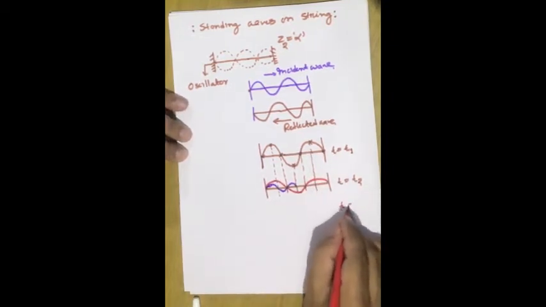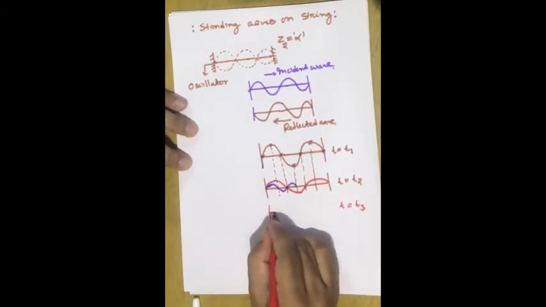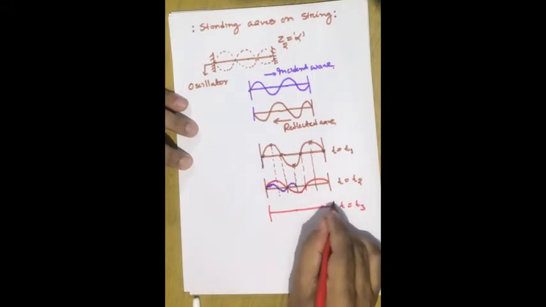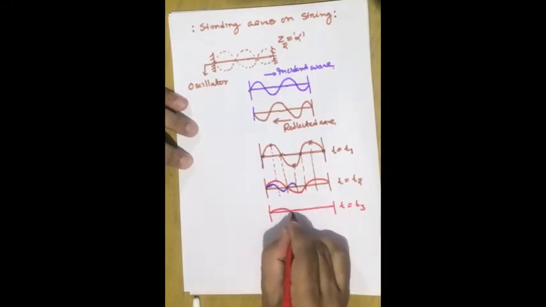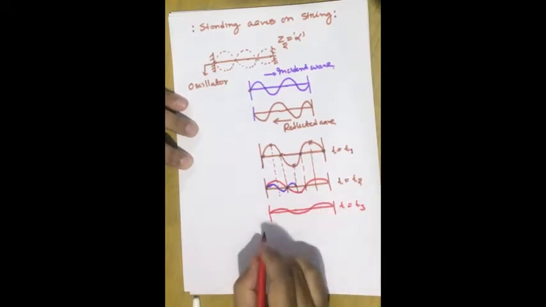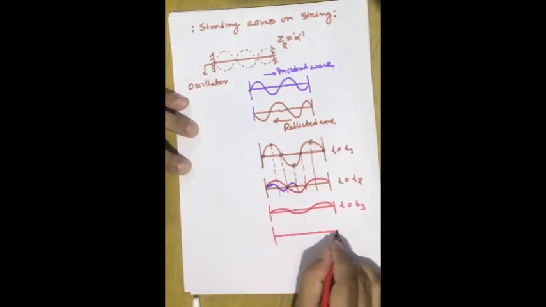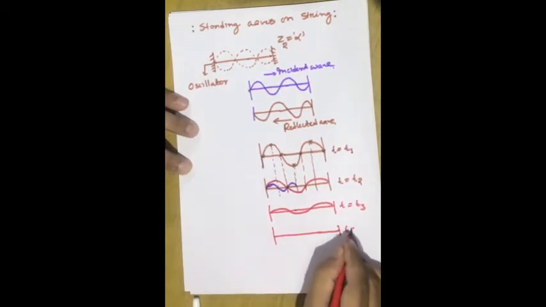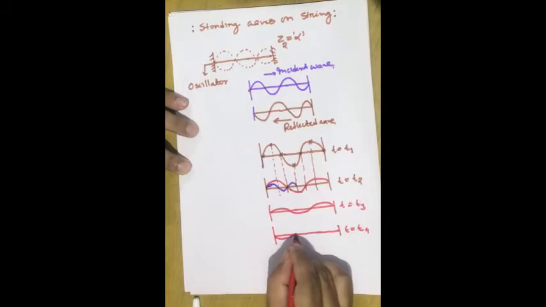At time t is equal to t3, again their amplitude will decrease further. It will become something like that. At time t is equal to t4, the maxima and minima get shifted, so it will be like that.